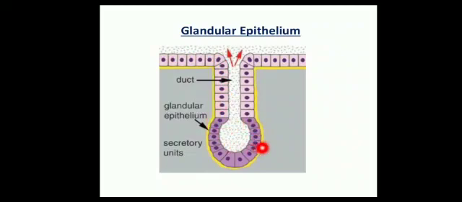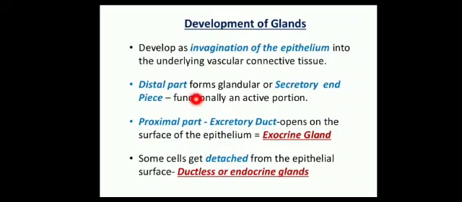So, the distal part forms the secretory unit, and this all is the glandular epithelium, and the proximal part forms the duct, and from the ducts the secretions go to the surface. So this is a repetition of what I have already told you.